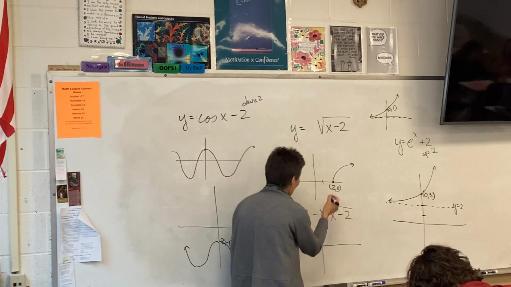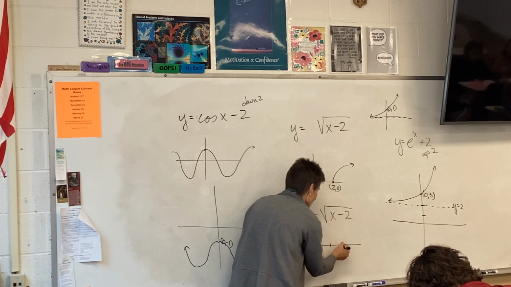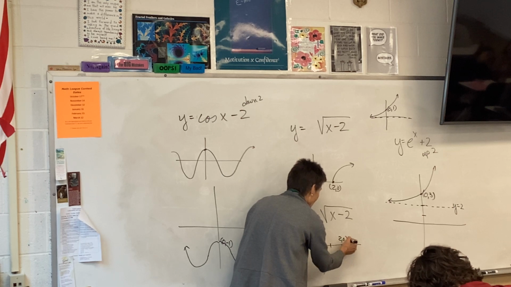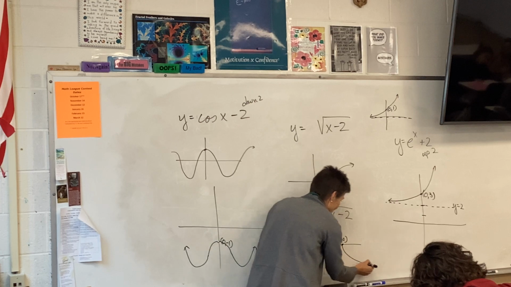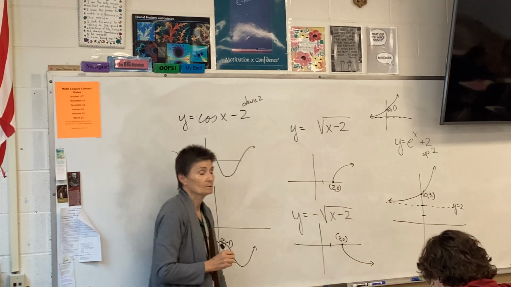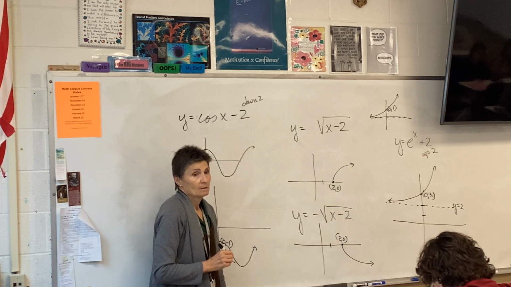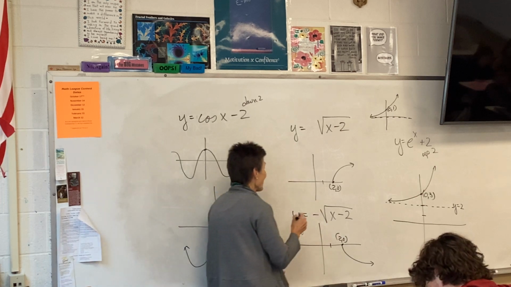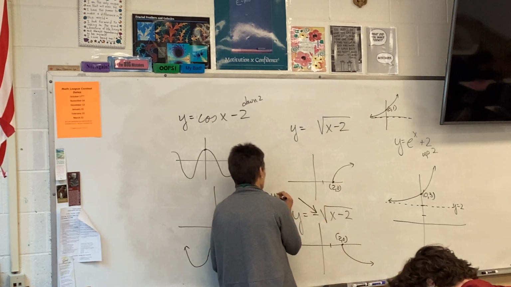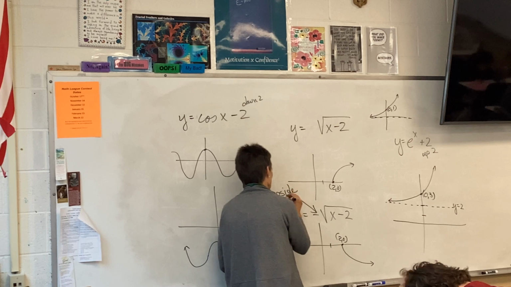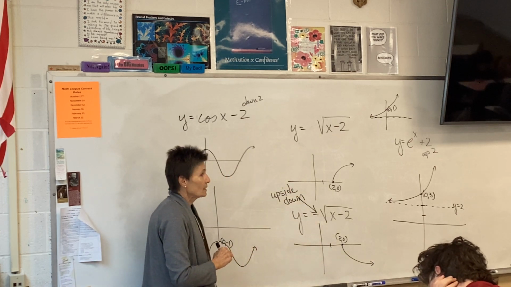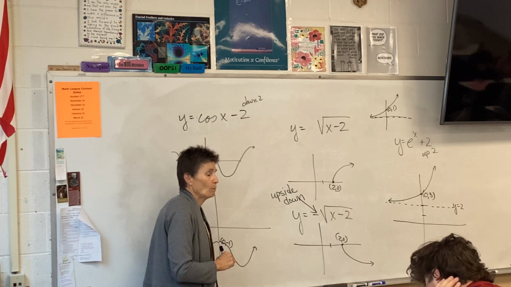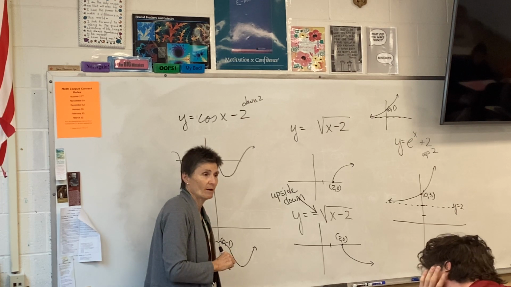So we're gonna have that same picture, but instead of going up and out, it's gonna go down and out. So a negative out in front is an upside down. I promise I won't put any fancier negatives anywhere else, okay?